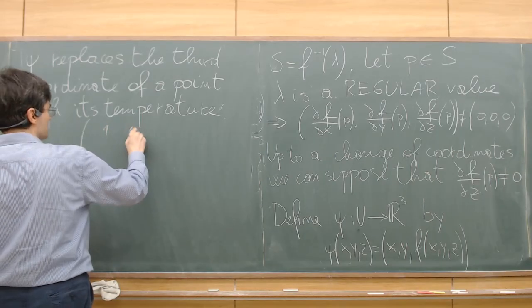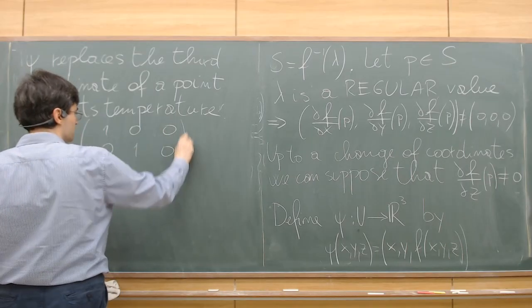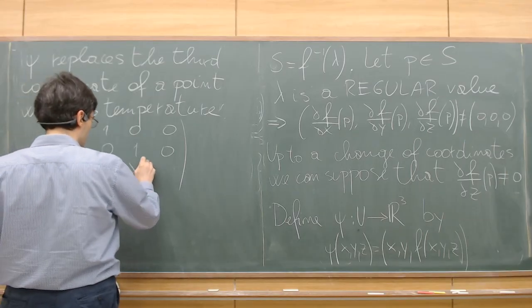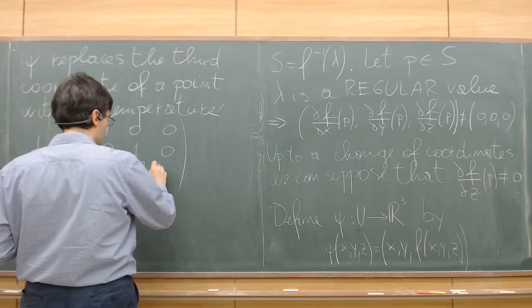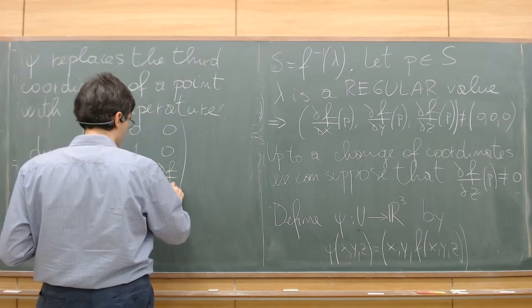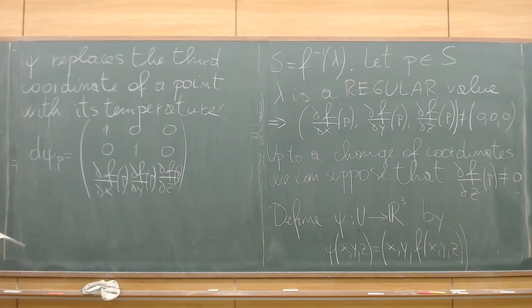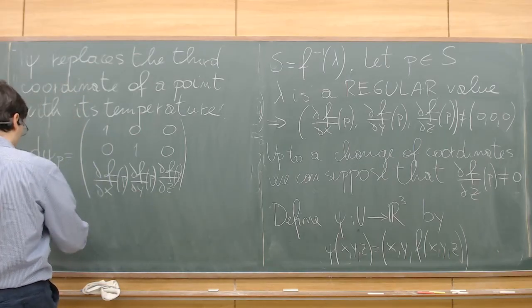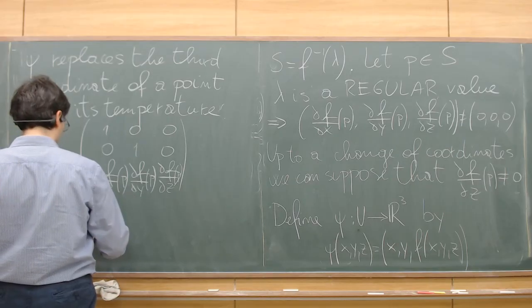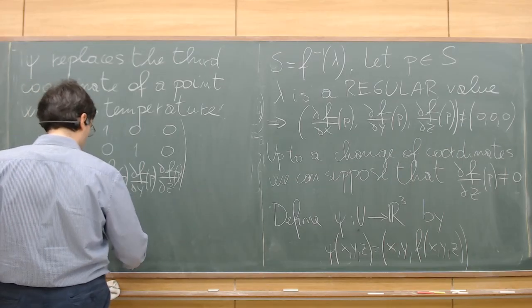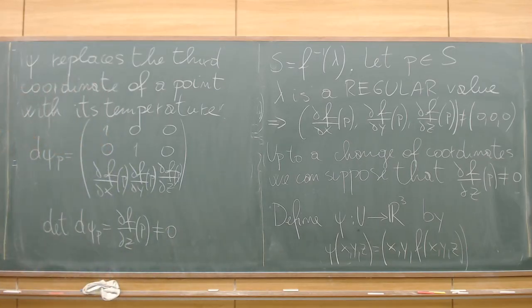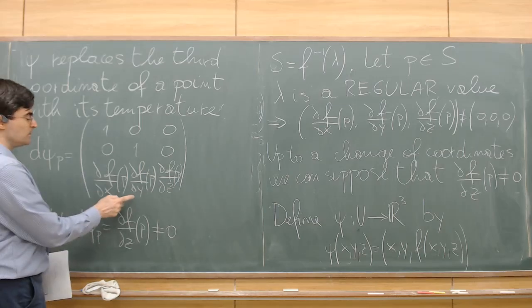It is given by 1, 0, 0, 0, 1, 0, df/dx at P, df/dy at P, df/dz at P. This is a matrix of determinant equal to df/dz at P, which by hypothesis is non-zero. So this is an invertible matrix.